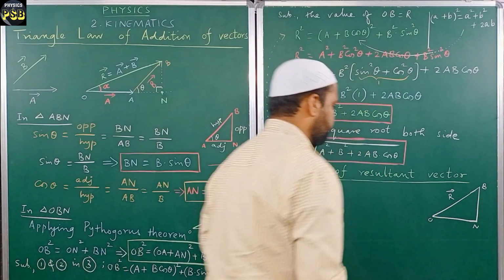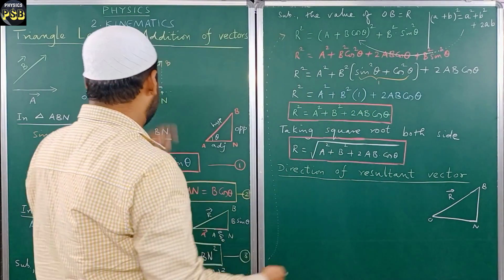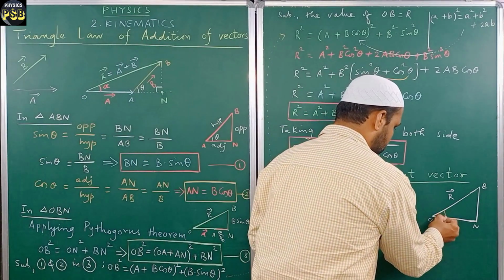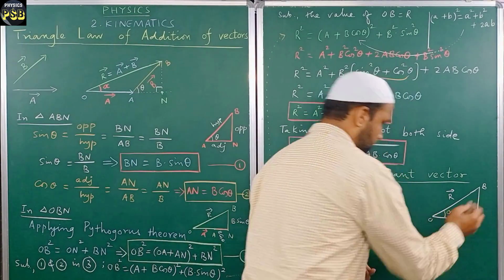This is the right angle triangle, and here the angle is alpha.